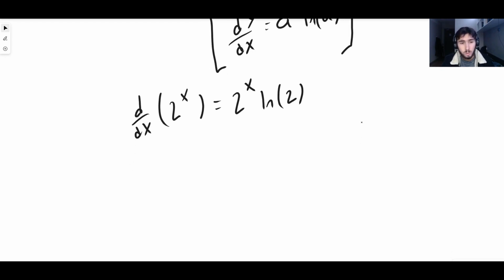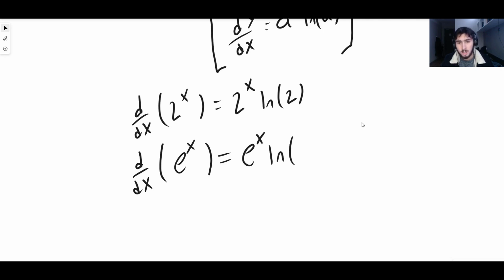Now, if we wanted to let a equal e, the number e, 2.7 and so on, this would be e to the x. And what should this be? Well, the derivative of e to the x should be e to the x. So let's try that. Whatever the base is, that just stays there, and we times by the natural log of that base. So the natural log of a, that's the natural log of e, like that.